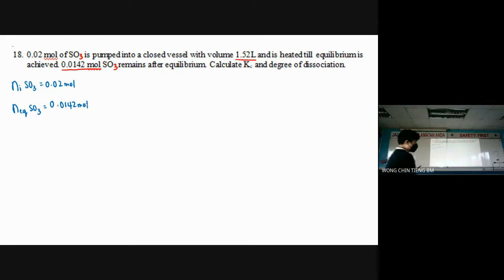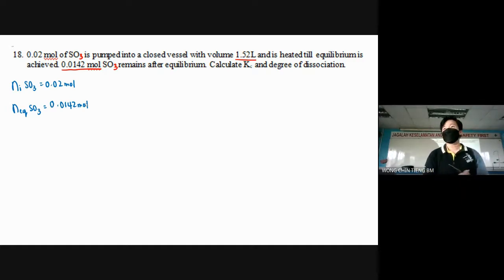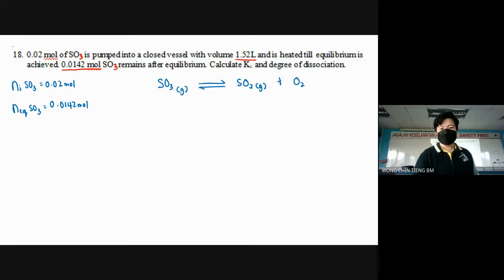Macam soalan tadi, kalau HI akan pecah jadi hydrogen gas, iodine gas. Untuk kat sini? Dia akan pecah SO2, O2. Bila dia dissociate ataupun yang ni kita panggil more on decompose. Alright, bila dia decompose adalah breakdown.